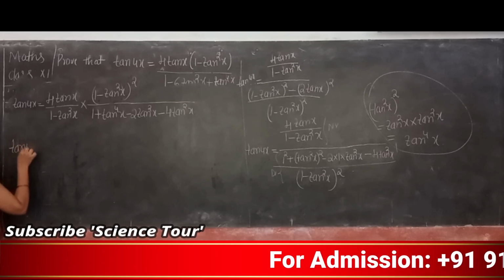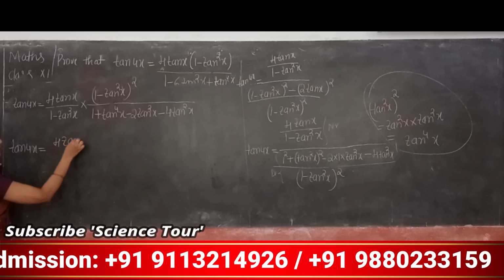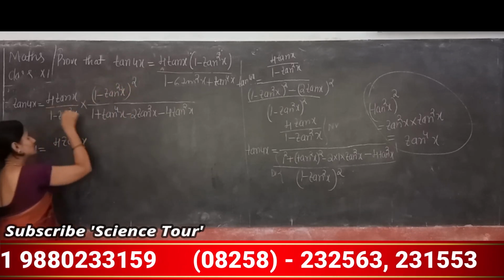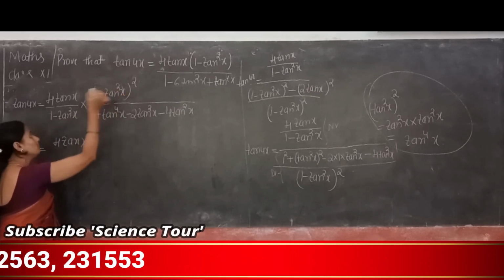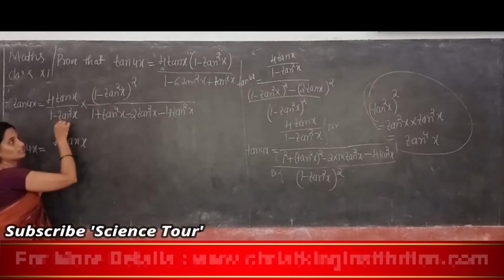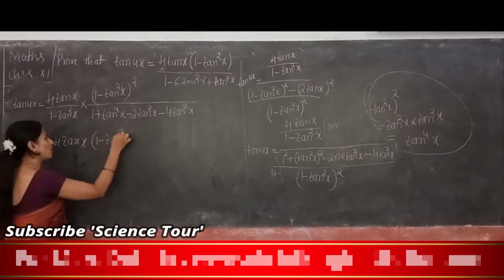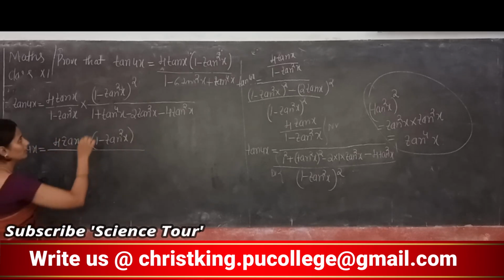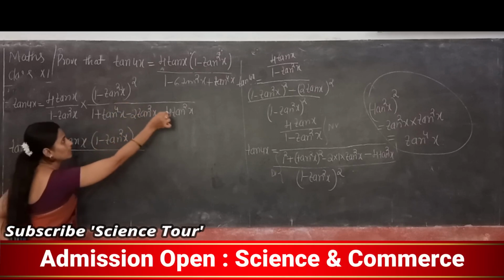So tan 4x is equal to 4 tan x. Here 1 tan x gets cancelled. 1 minus tan square x, 1 time, with this 1 time gets cancelled. What is left here? 1 minus tan square x divided by 1 plus tan power 4 tan square.